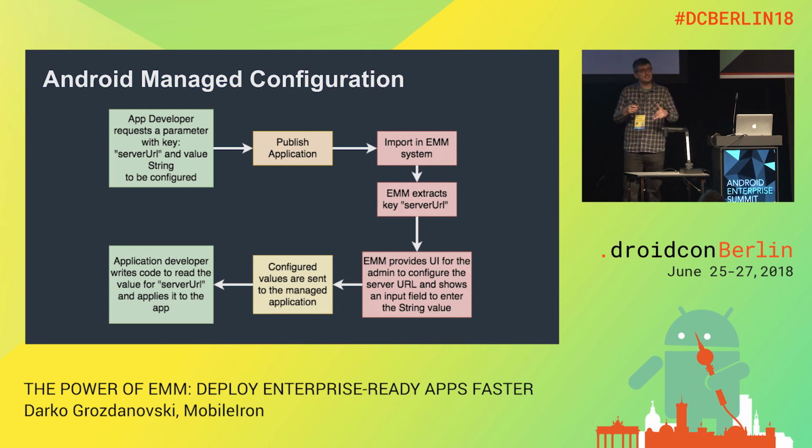The system would read the metadata in your application, figure out that there are keys that need to be configured, right? The EMM admin then would provide values for those things. They will save and push those changes, and then at the end, you as an application developer need to write some code to actually read that value and then use these values in your application and do whatever you need.